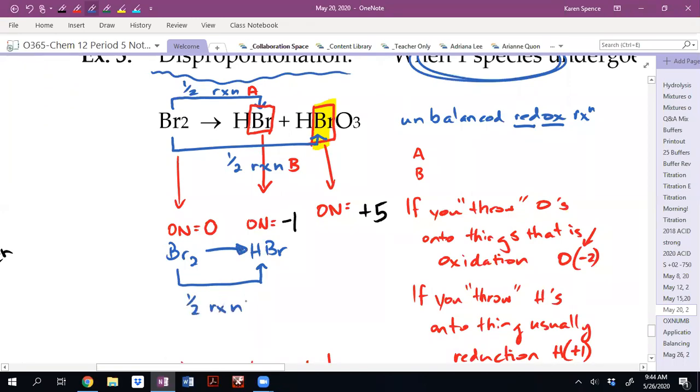This half reaction is going from Br2, which has an oxidation number of 0, to HBr, where the bromine has an oxidation number of -1. That is a reduction. Yes, it is. That number got reduced. It went from 0 to a smaller number.